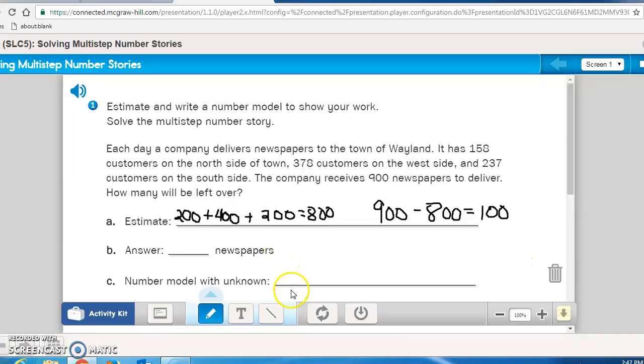Again, this time my number model would be, well, I have exactly 900, but I'm going to be subtracting the 158 plus the 378 plus the 237.